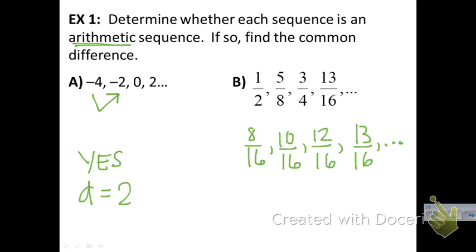And then we're going to look. It looks like we're adding each time 2/16 to get to the next one until right here. From that 12 to the 13 we only add 1, and so since that value is not the same, we do not have a common difference, and it is not arithmetic.